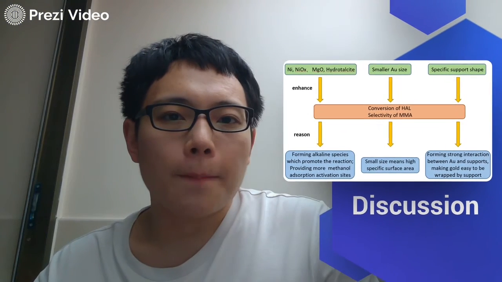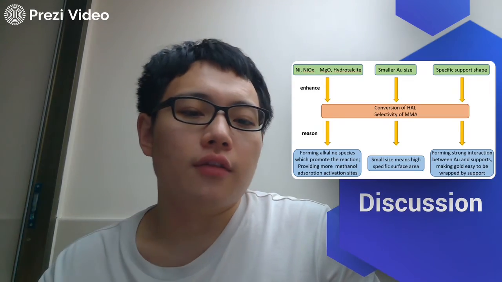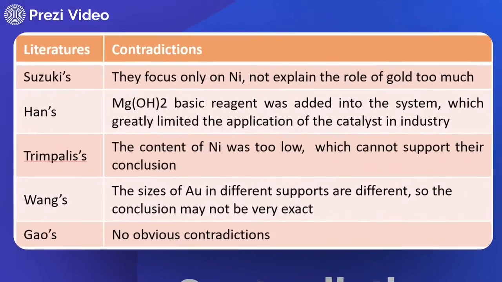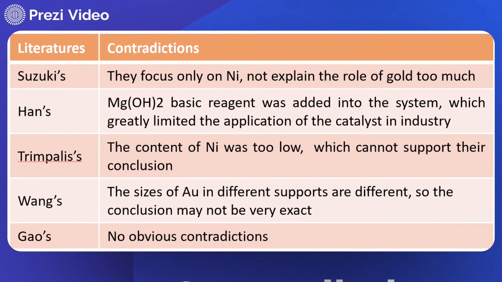However, there are some contradictions in these papers. Suzuki's focus more on nickel and didn't explain the role of gold in OE reaction too much. In Han's paper, they added magnesium hydroxide into the system, which greatly limited the application of the catalyst in industry.